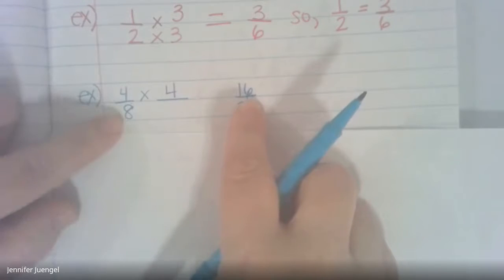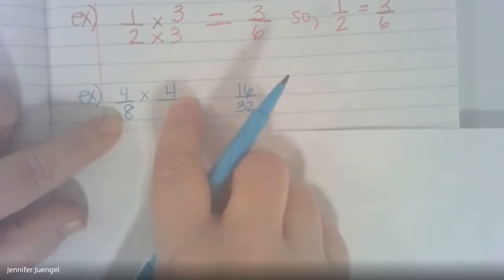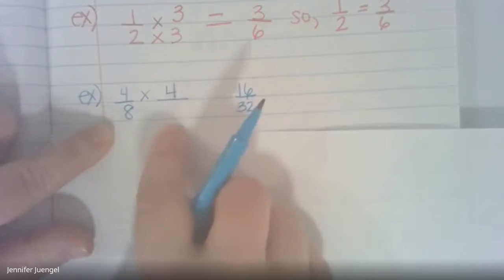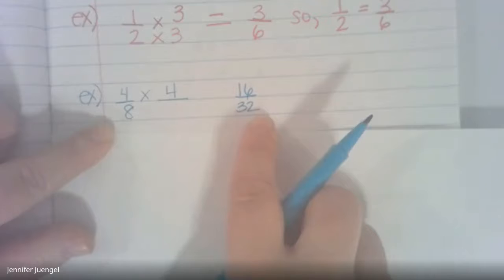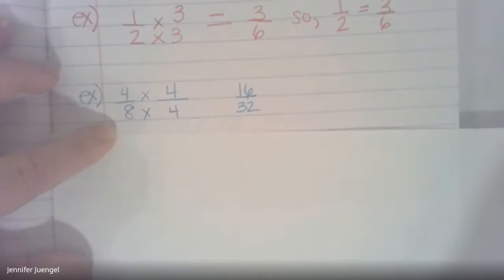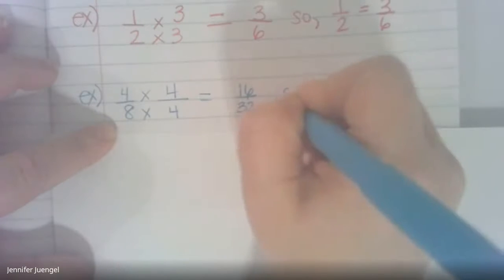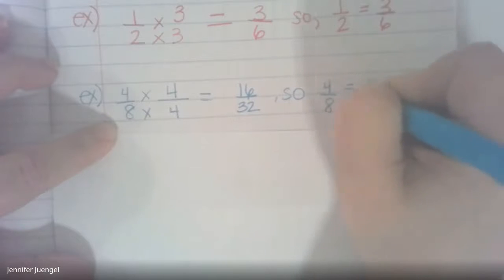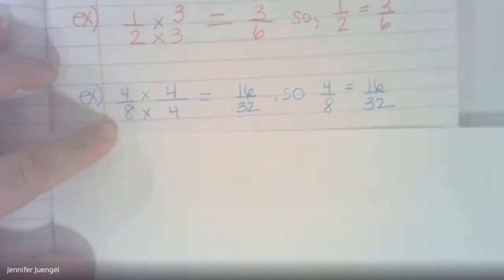That means if I can do to the bottom what I did to the top, if I can multiply this denominator, 8 times 4, and that will get 32, then these are equivalent fractions. So let's see if it's true. 8 times 4 equals 32. 8, 16, 24, 32. Yep. So that means 4/8 is equivalent to 16/32.